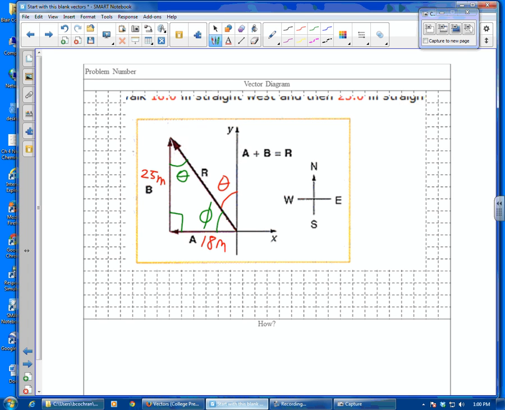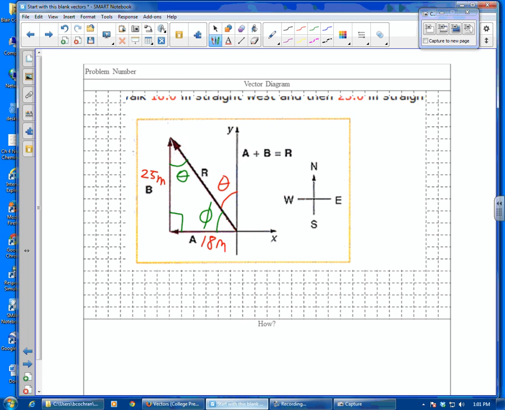The other way to think about it, if you remember back to geometry, the two thetas are alternate interior angles of parallel lines. So whichever way makes sense to you. For me, it's remembering this and then 90. So, do you guys want to solve for theta or for phi?